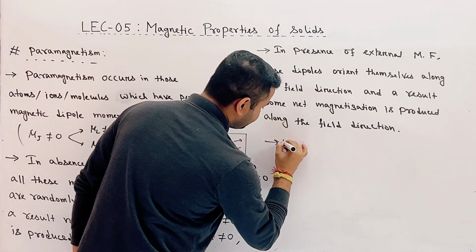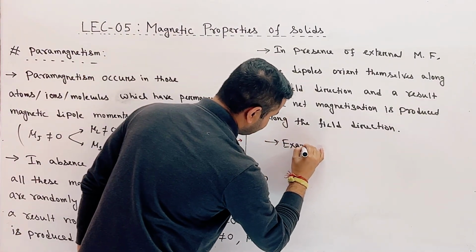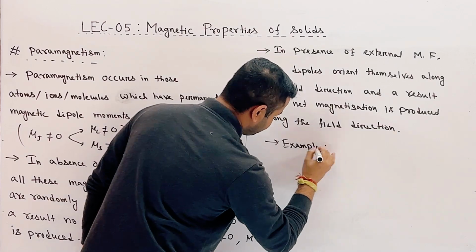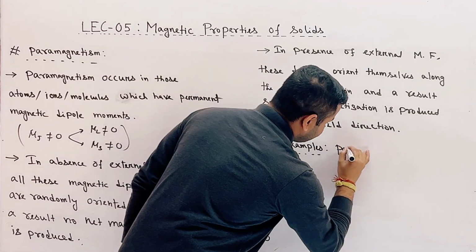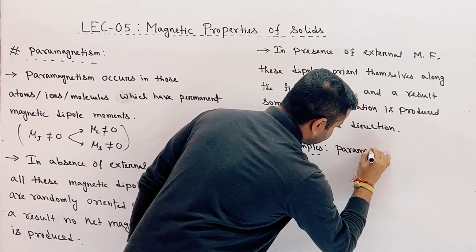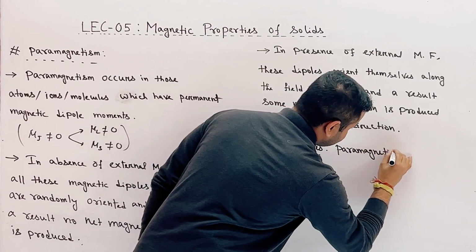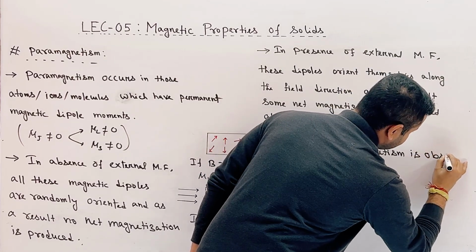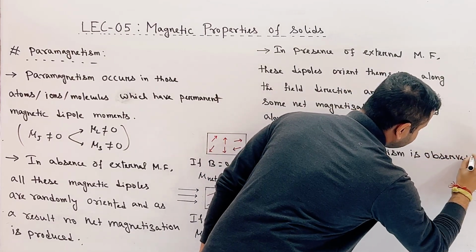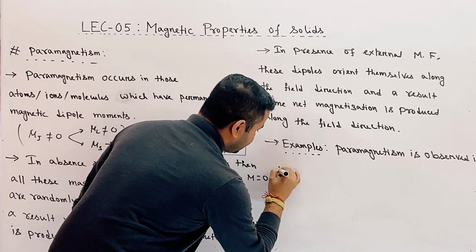Point number 4. Examples. Paramagnetism is observed in number 1.